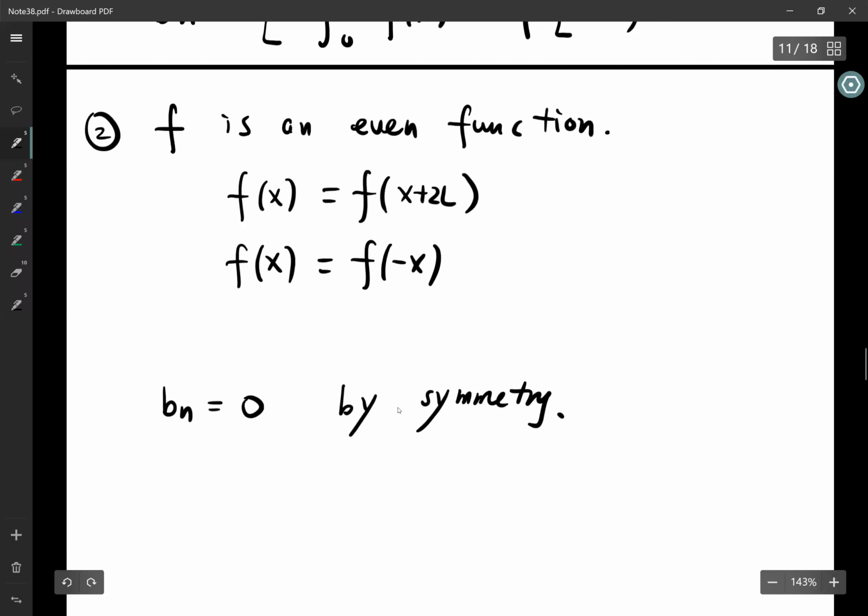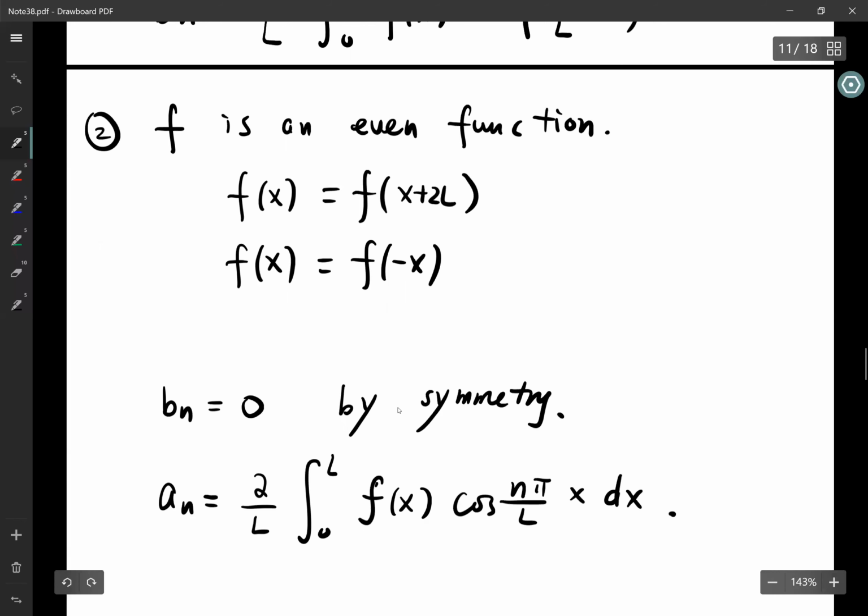But An becomes 2 over L, because it's even times even, integral of f(x) cosine thing. So we completely recovered the result for the sine and the cosine transforms, but just by restricting f to be even or odd functions. Any question?